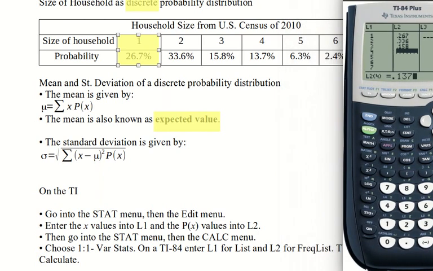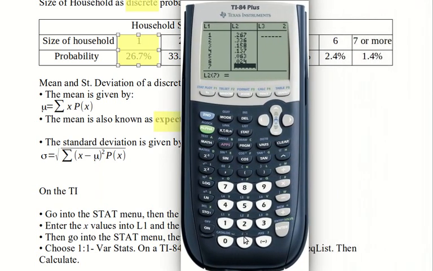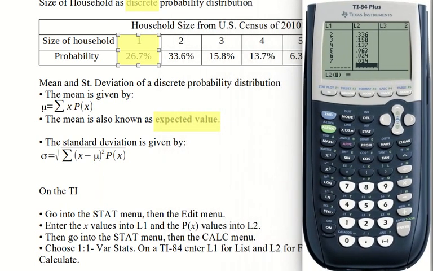We're now at 5. I need to enter that. 0.063. I'm using the percentage to make this into a decimal. 6, 0.024. And let's see what it says for 7 or more. 0.014. And I'm going to enter that. I've now loaded that into my calculator.